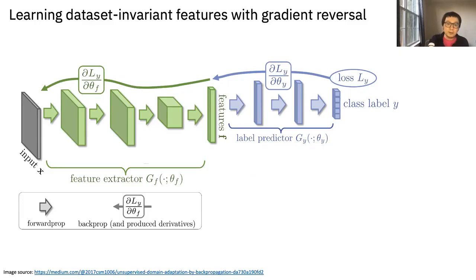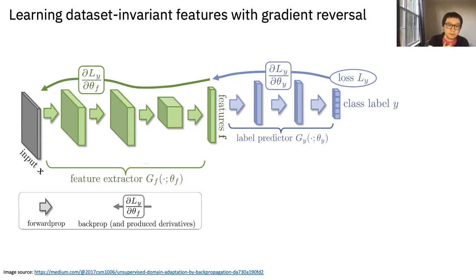For each entity pair from the source scenario, we have two labels. One is the class label, saying whether it's a match or non-match. The other is the domain or dataset label, saying whether this example is coming from DBLP-ACM or Google Scholar-ACM.